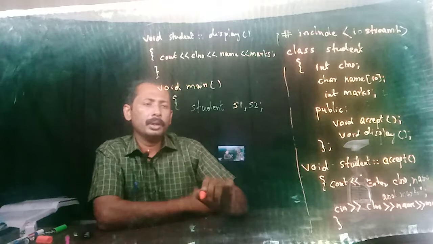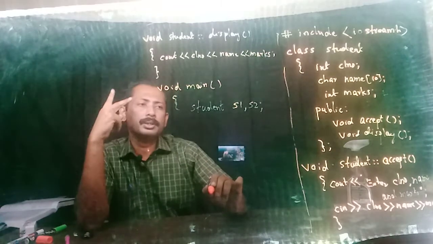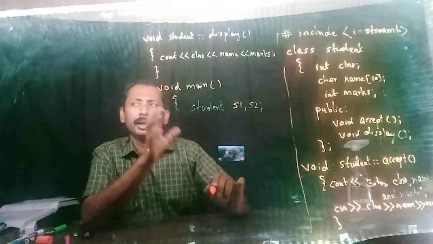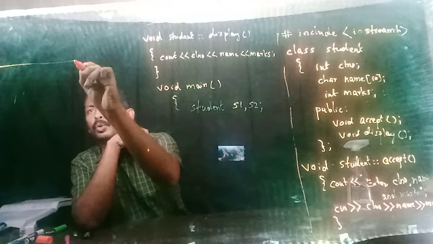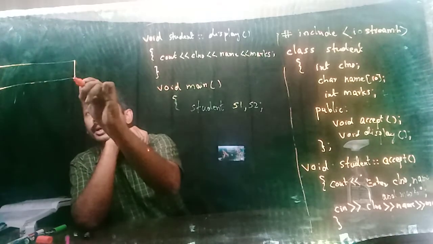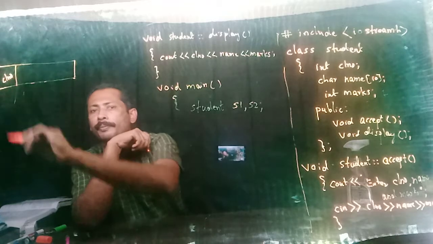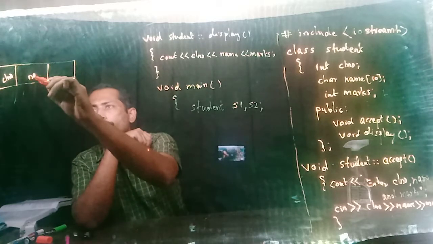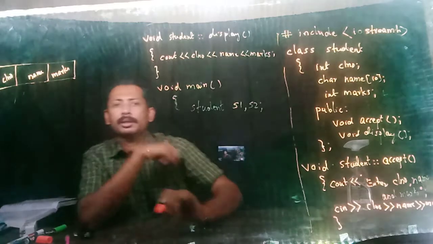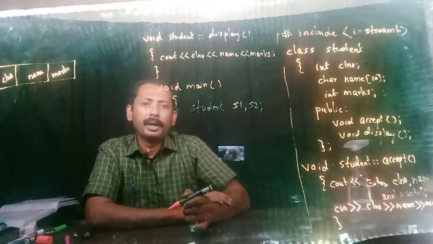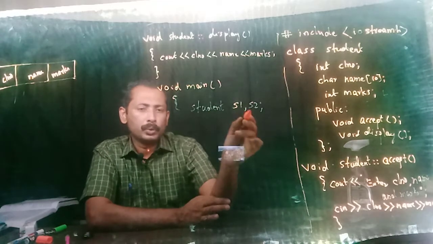As I told you earlier, I am creating two objects, S1 and S2, indicating that I am creating two rows with class number, name and marks.